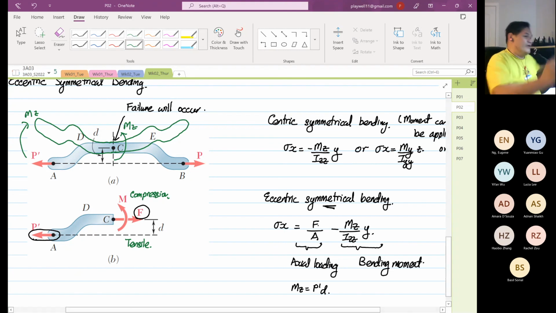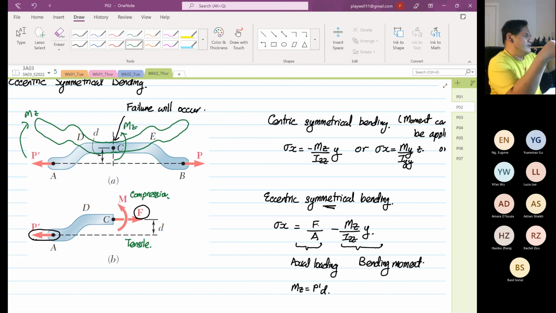So whatever I taught you before, applying the moment vector, the head is compression, the tail is tension. It worked for centric symmetrical loading, centric unsymmetrical loading, and it also works for eccentric symmetrical and eccentric unsymmetrical loading. That principle always works.